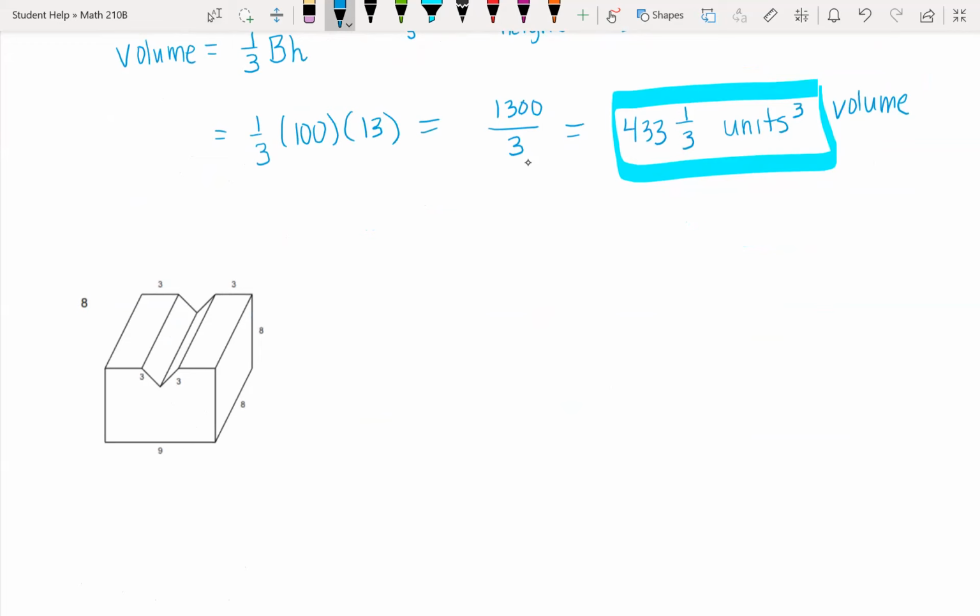As far as figuring out the volume, what I'm going to do is think about it as if it were just a rectangular prism with the base like this, but then remove this little trough piece that's in the middle. So actually, let me draw this a little bit bigger.